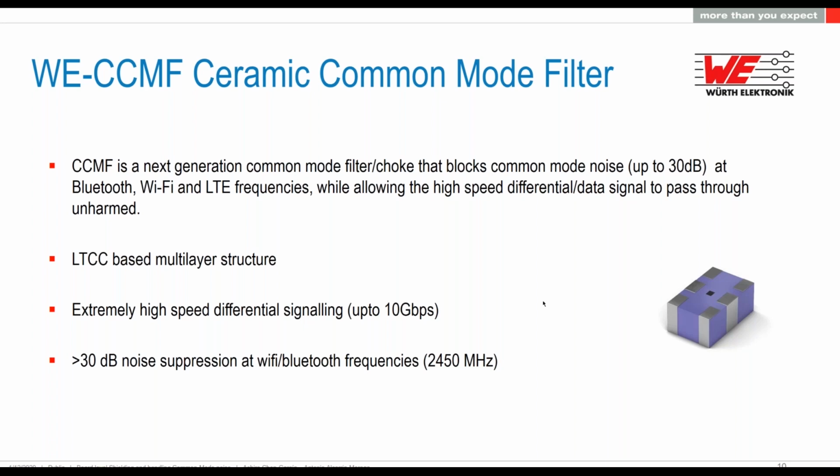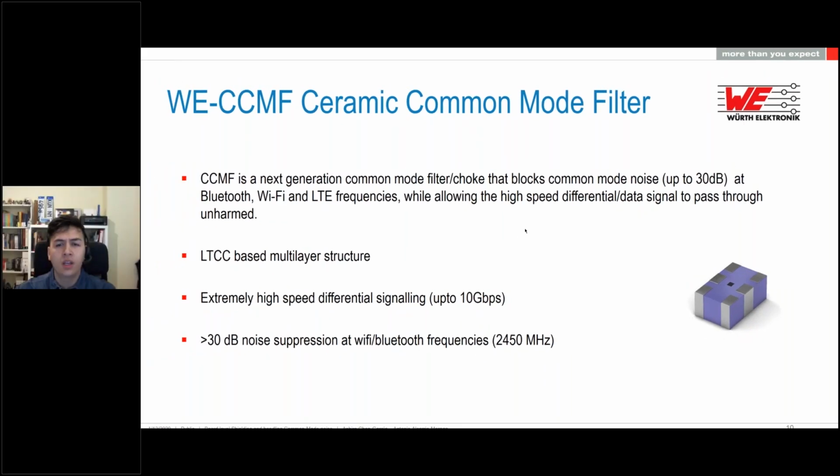Now we will talk about a different solution that we have also for these new interfaces. And it's a well-known component. We all know it's the common mode choke or common mode filter. But in this case, instead of a ferrite-based common mode choke, we introduced recently a multi-layer common mode choke, which is based on the transmission line principle.